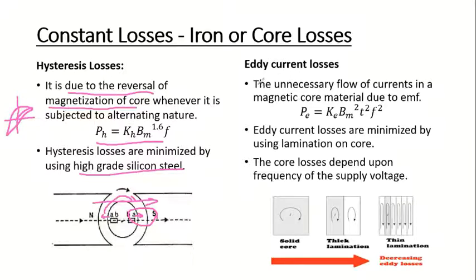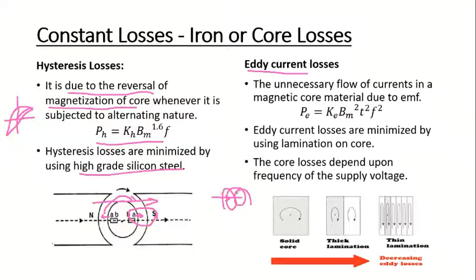Coming to eddy current losses. Eddy current losses are nothing but the unnecessary flow of currents in a magnetic core due to induced EMF. If we pass a current through a coil, there is a magnetic field.